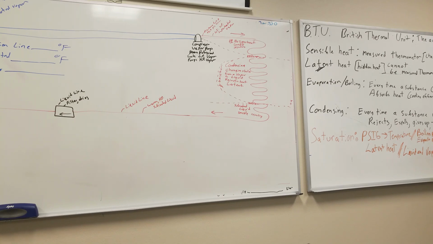If we have water boiling, water boils at sea level at 212 degrees Fahrenheit. So 212 plus 460 is 672 degrees Rankine.